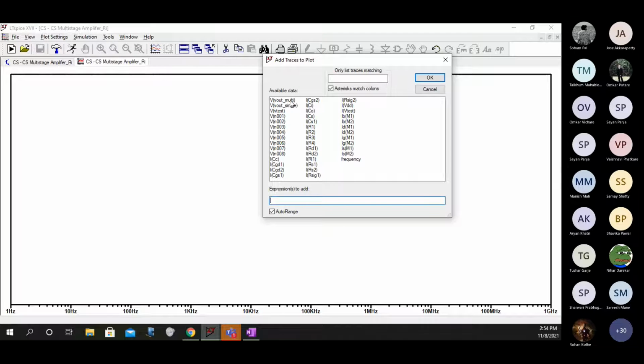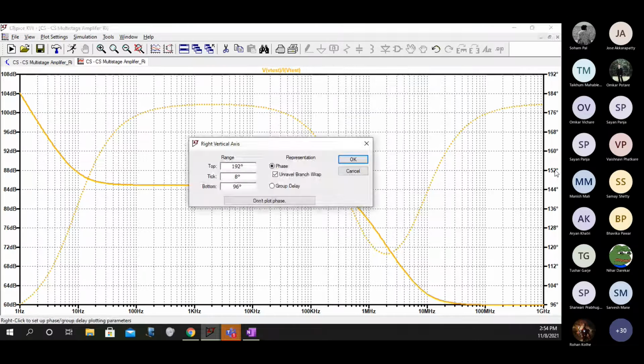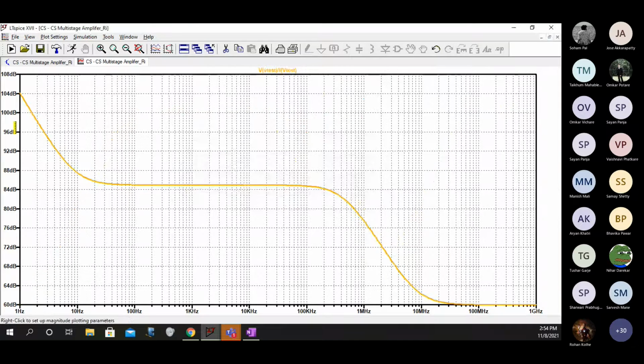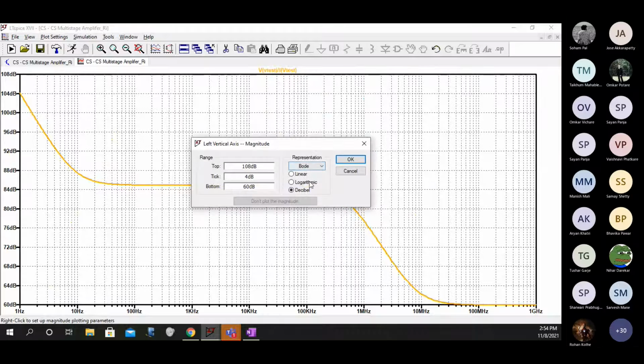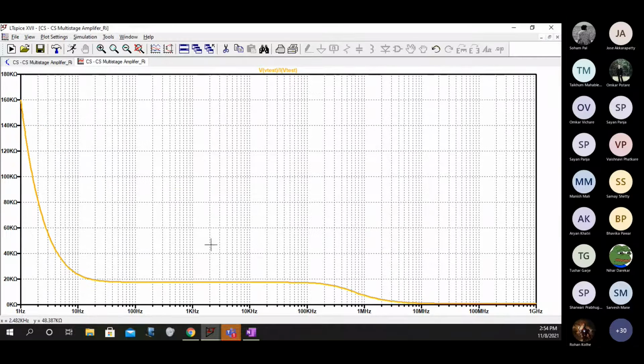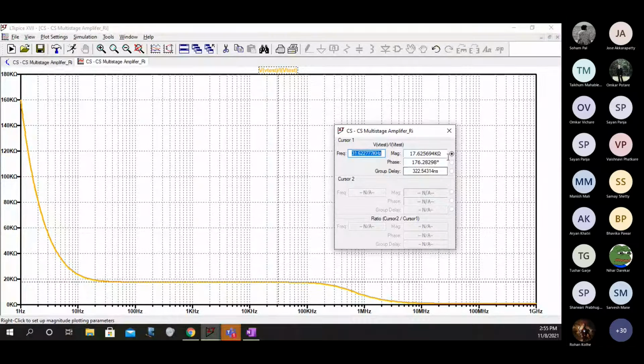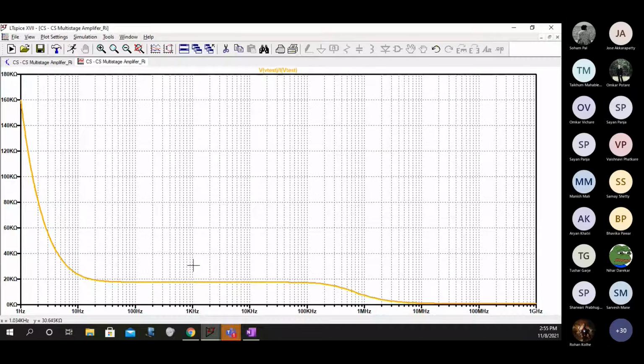The output is Vout, but we want to plot Vtest divided by I of Vtest. You can just change this to linear to see the resistance values. This input impedance is around 20 kilo ohms or close to that, 17.62 kilo ohms. That's the value of Ri.